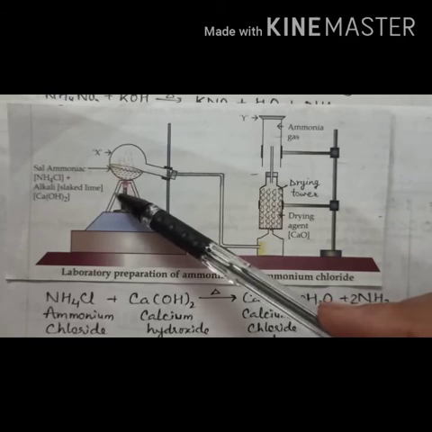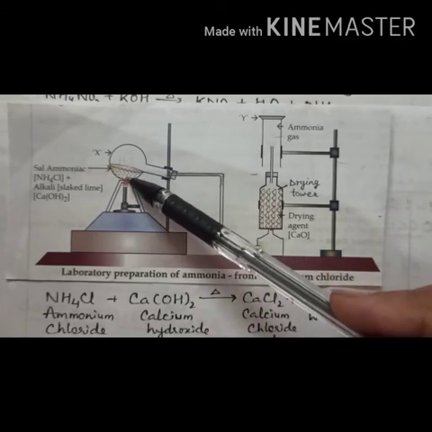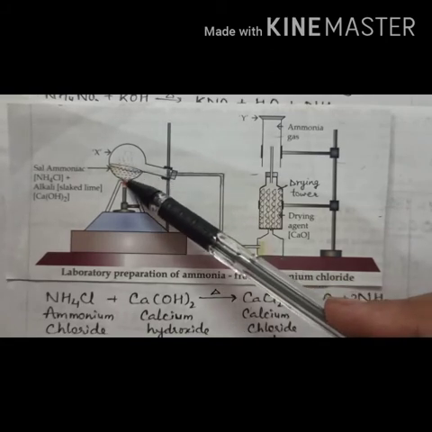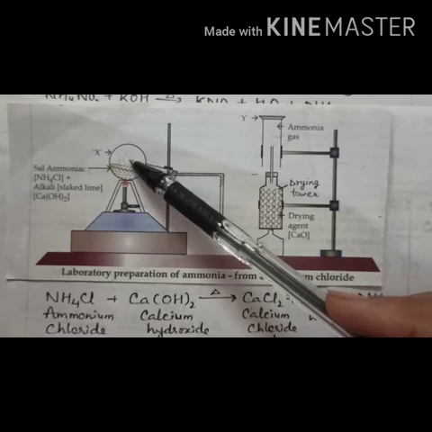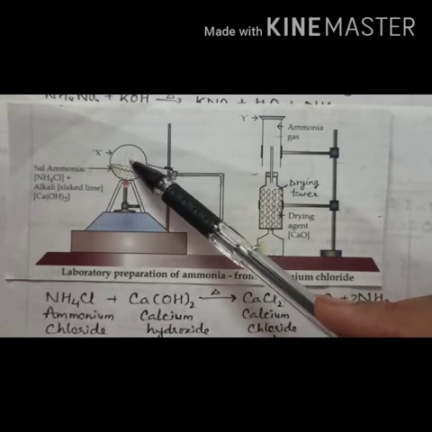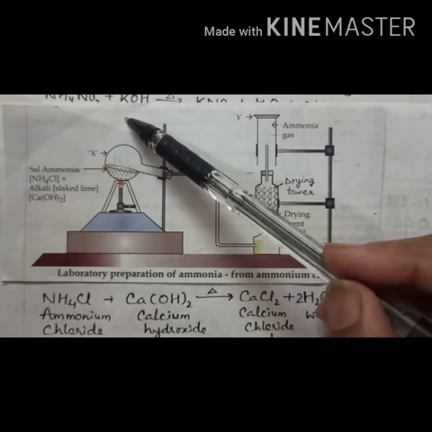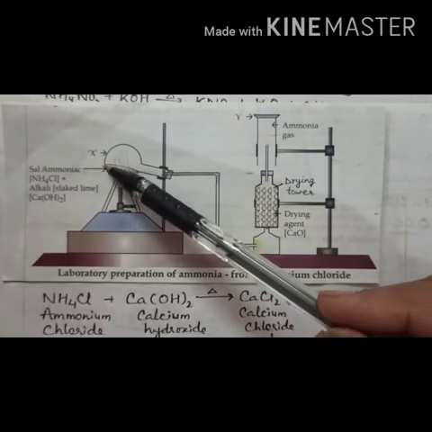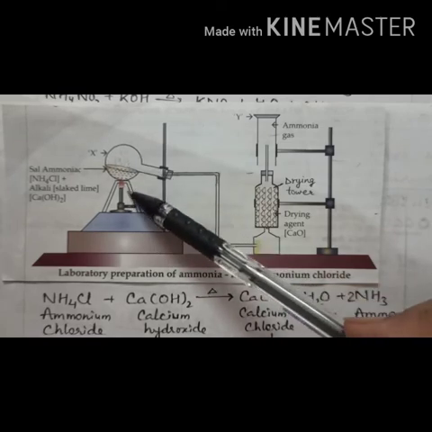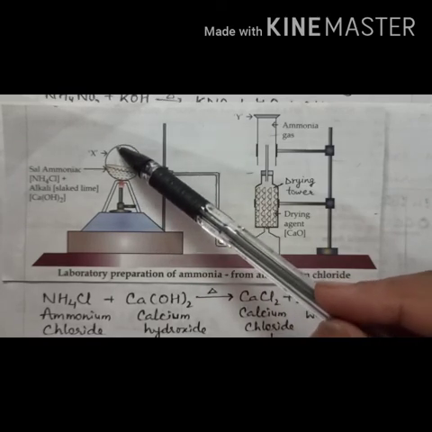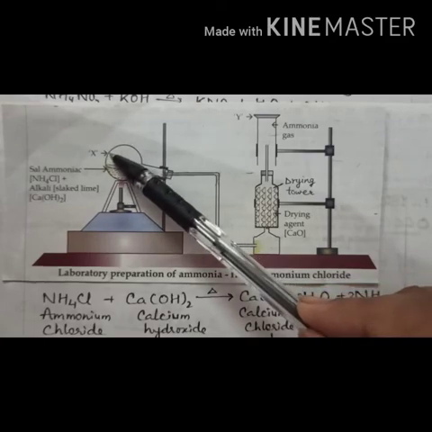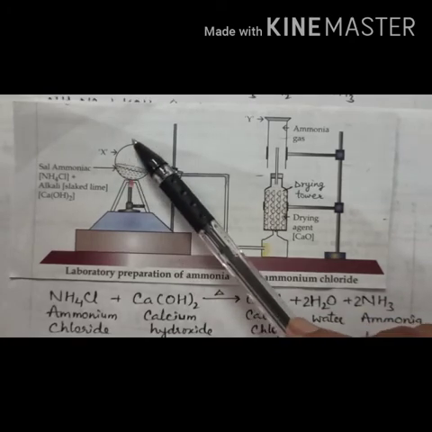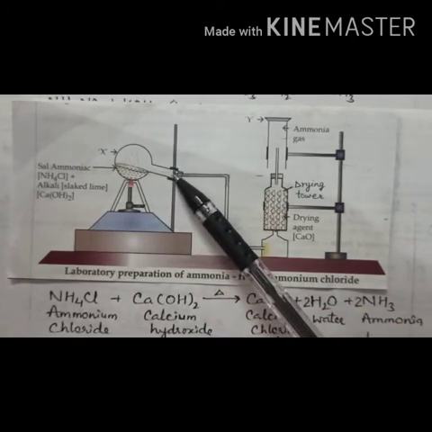If the round bottom flask is inclined, then the water vapors which are formed may not trickle back and crack the hot flask, right? If it is kept straight, these water vapors can fall back, and because this flask is hot, because you are heating it, when these water vapors fall on the flask, it may crack. So to avoid this, we arrange this round bottom flask in an inclined position.